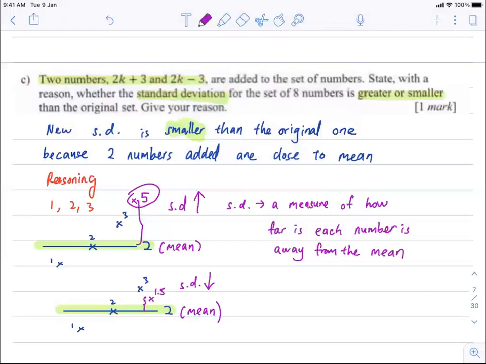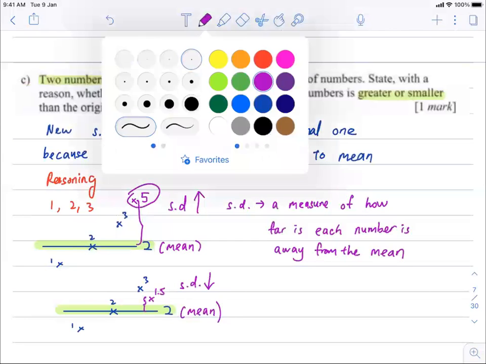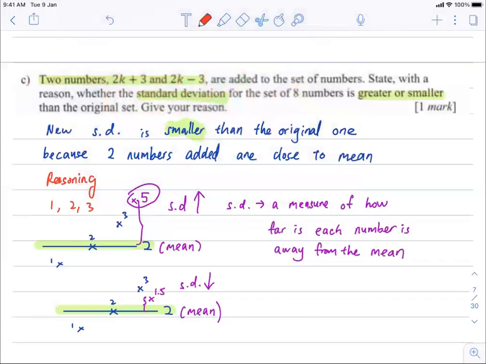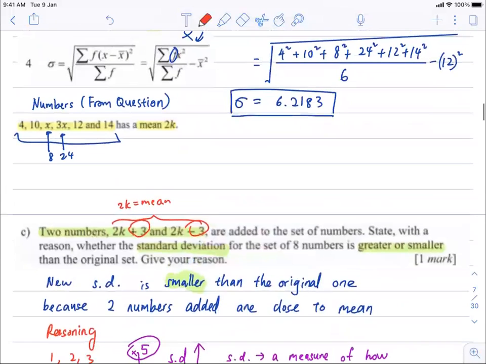Okay, now we check back to what the numbers provided in the question are. We notice it is 2k plus 3 and minus 3. We know that 2k is the mean. So how do we know whether this is a number very far away from the mean or very near to the mean? We can check back the standard deviation.